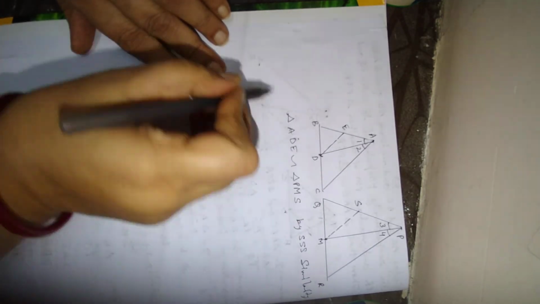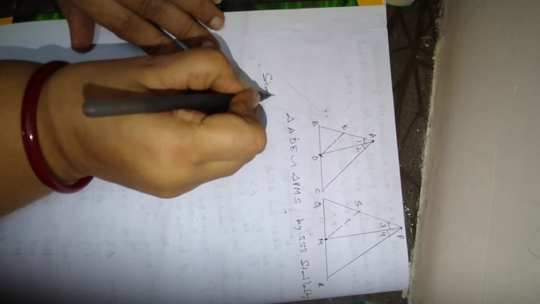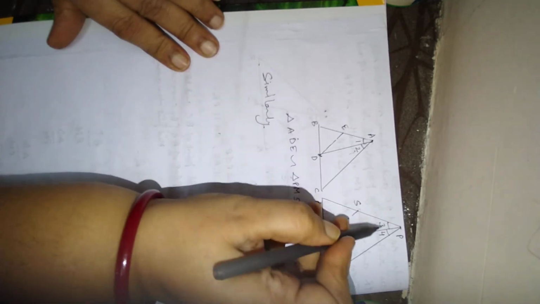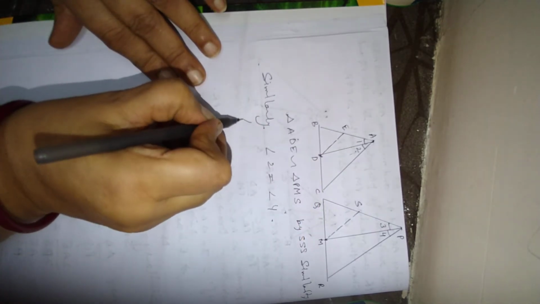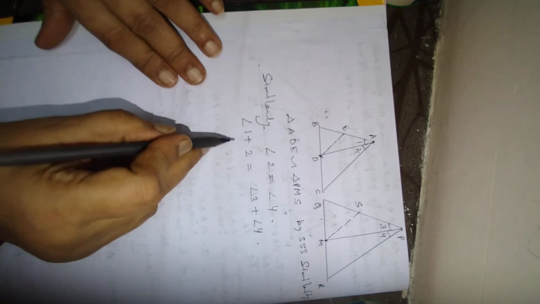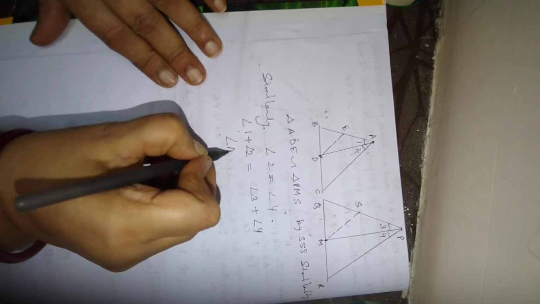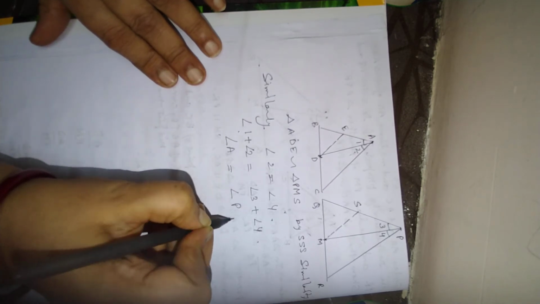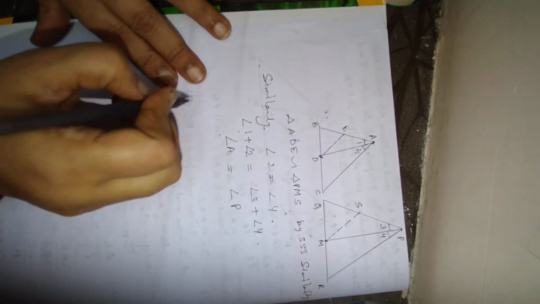Okay, we have proved now. Similarly, we can say angle 2 equals angle 4. Then angle 1 plus angle 2 equals angle 3 plus angle 4, and angle 1 plus angle 2 equals angle A, and angle 3 plus angle 4 equals angle P. So we have got angle A equals angle P.